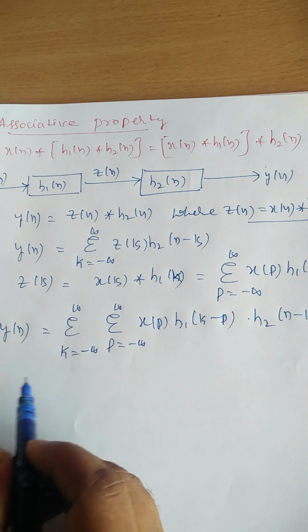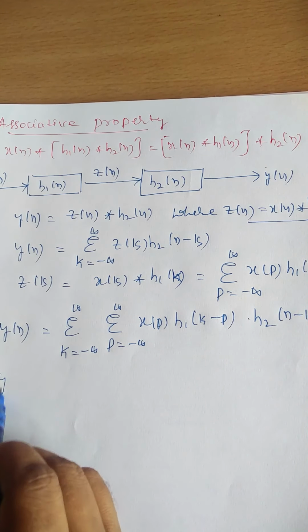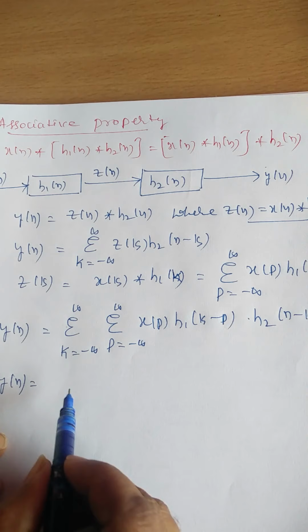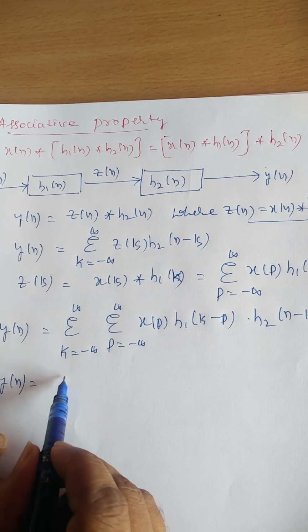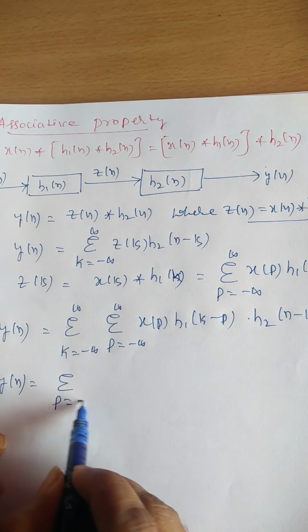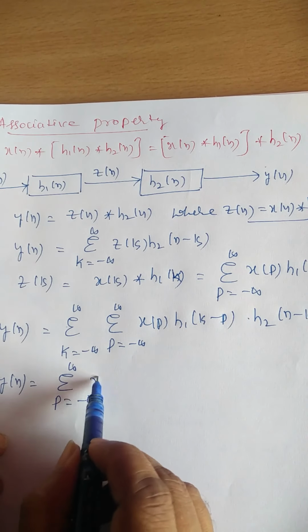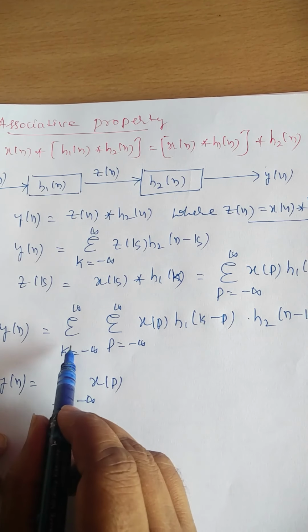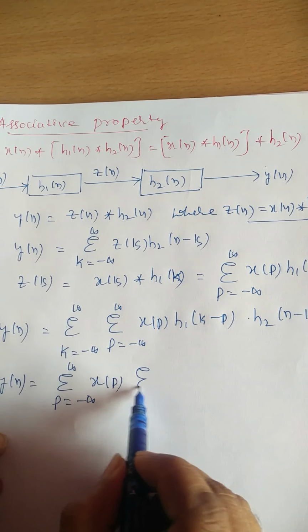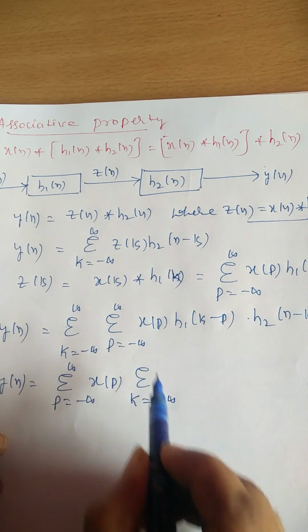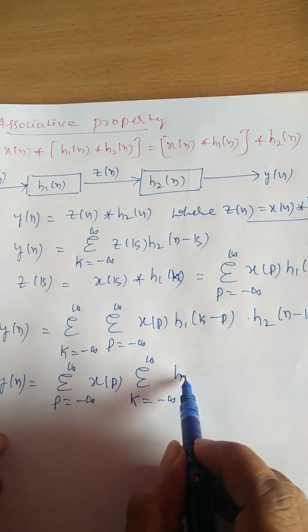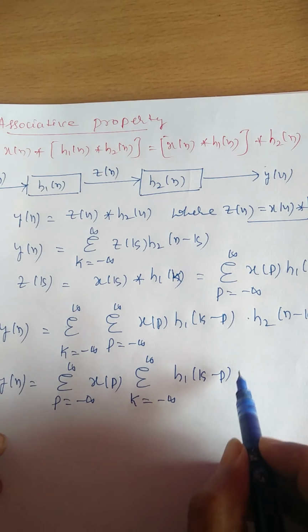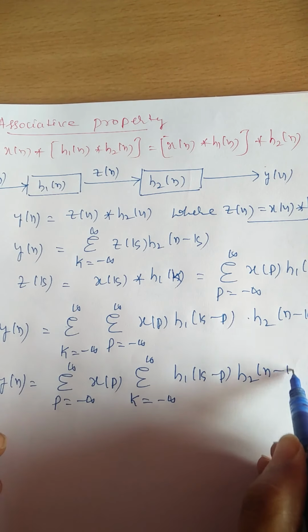Let us interchange the order of summation, that is y of n is equal to, first I'll write the summation of the variable p, summation of p tends from minus infinity to plus infinity x of p. Outer summation you take it inside, that is summation of k tends from minus infinity to plus infinity h1 of k minus p h2 of n minus k.